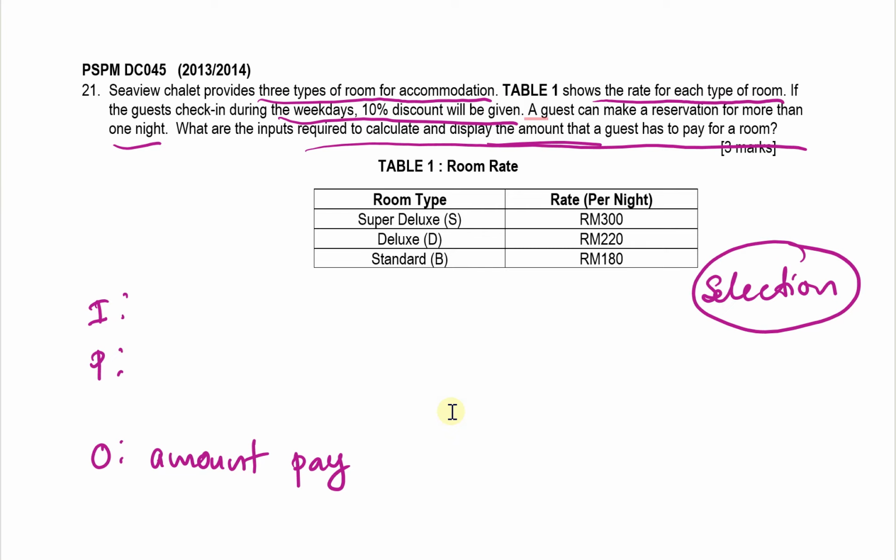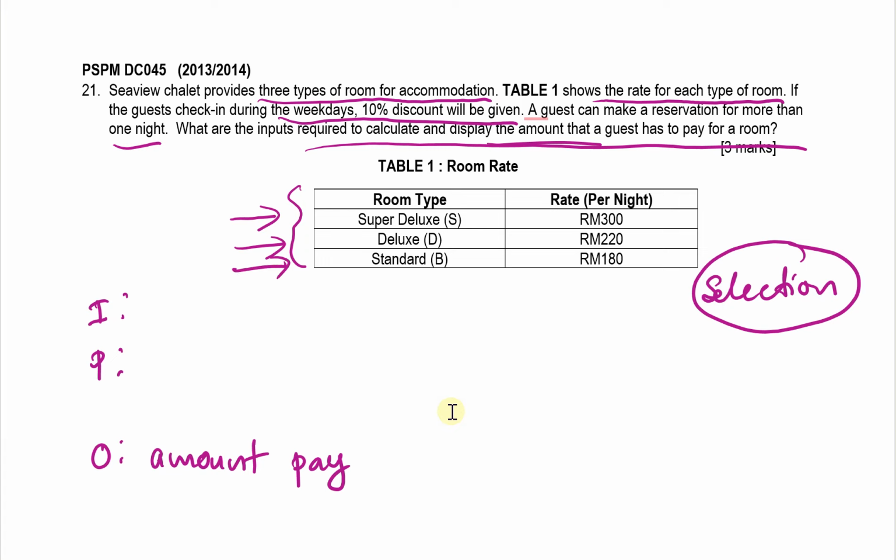It means that the question did not mention that you have to book a superior, deluxe or standard room. The question did not mention that you have to book all these room types. So that's why this is a selection, which means that the user or guest can enter only super, deluxe or standard.